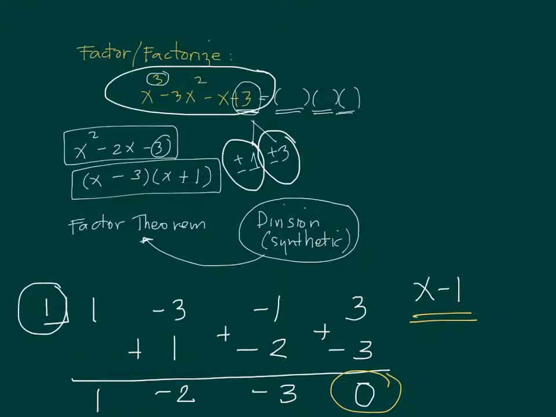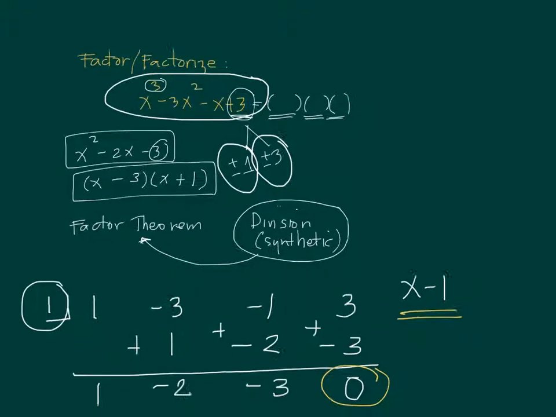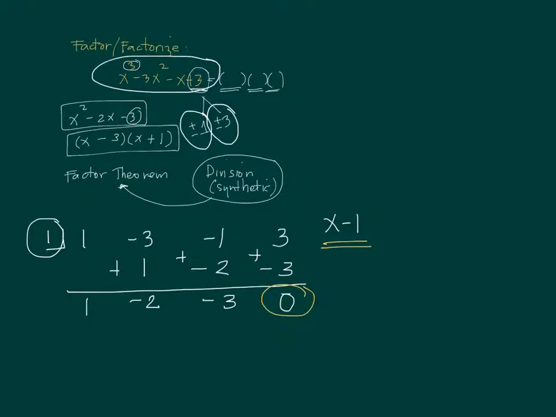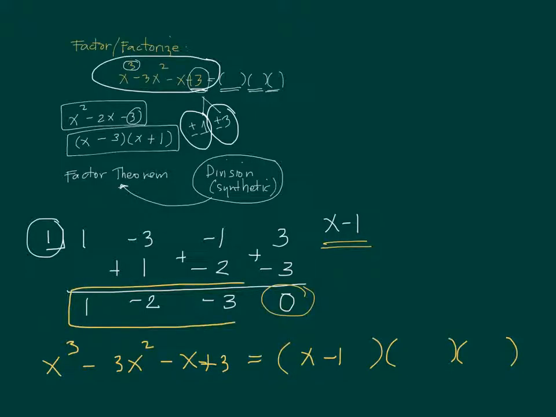Okay, so the solution is almost done. Because we now have x cubed minus 3x squared minus x plus 3 equal to x minus 1 and 2 more factors. So how do we find these 2 more factors? You have to use the quotient after doing the synthetic division.